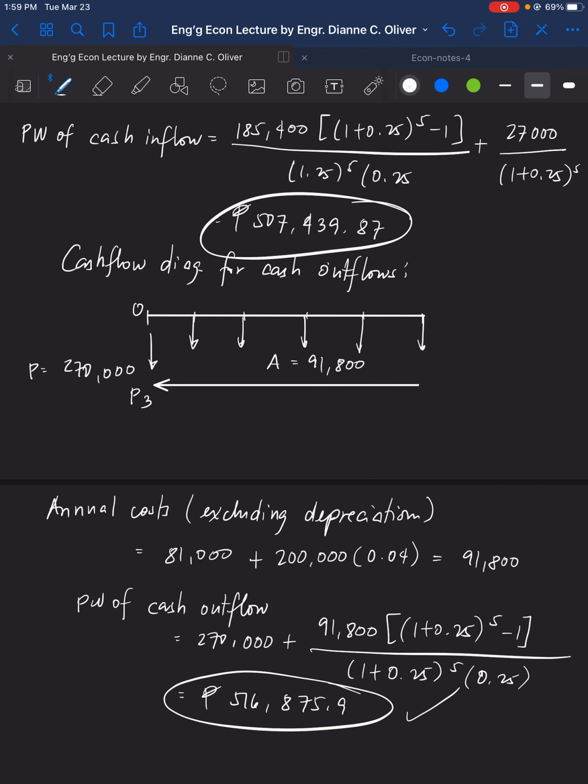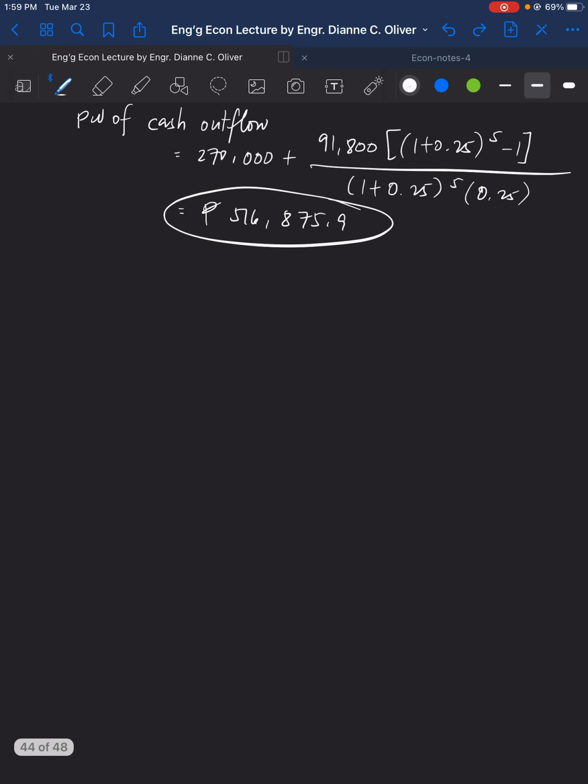So what we will do is to get the present worth of net cash flow. We are actually determining if the investment is justifiable.